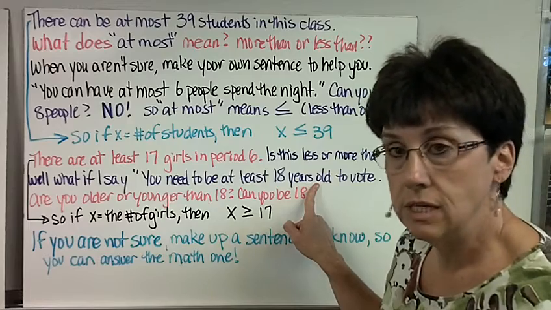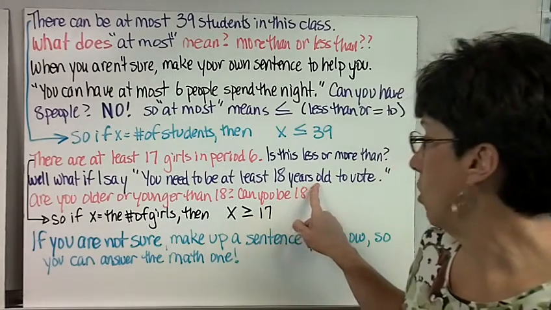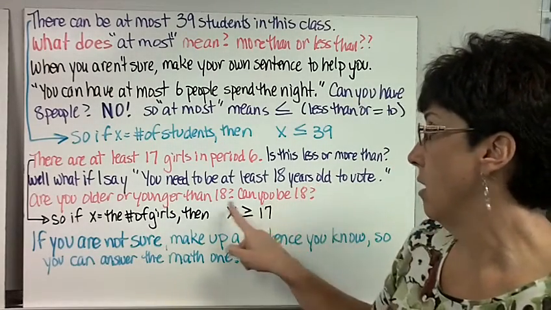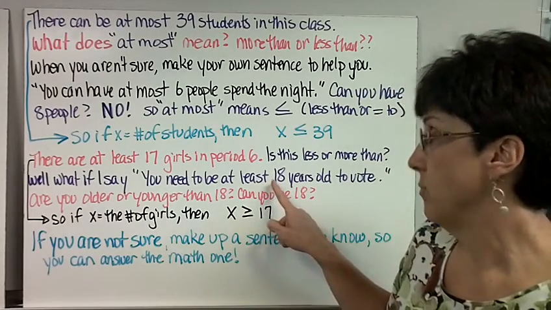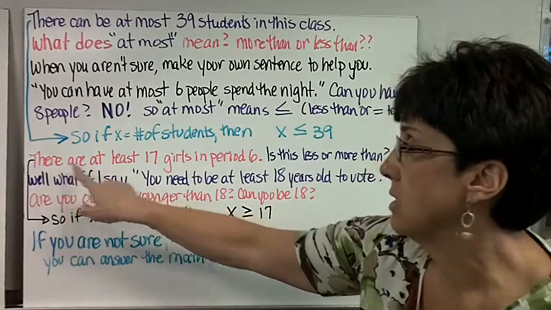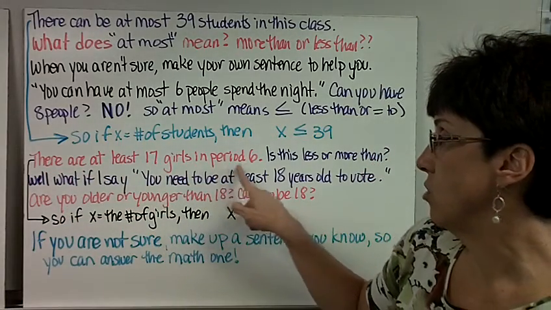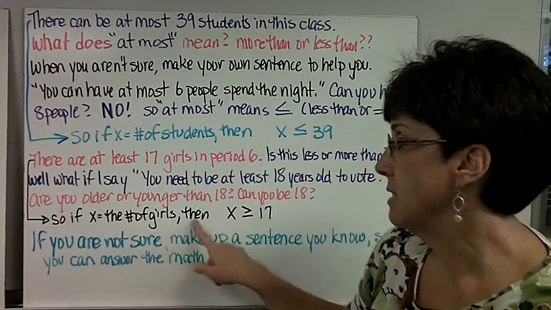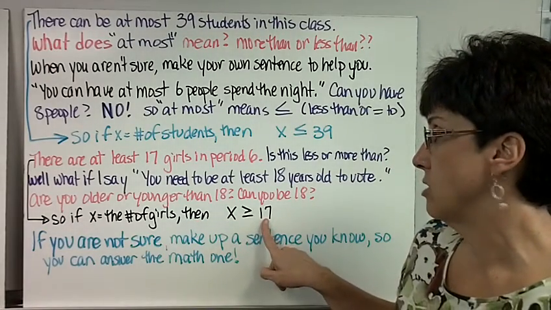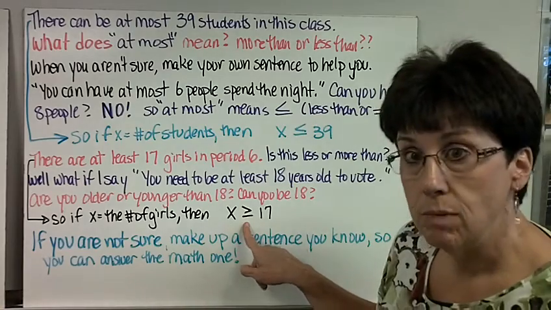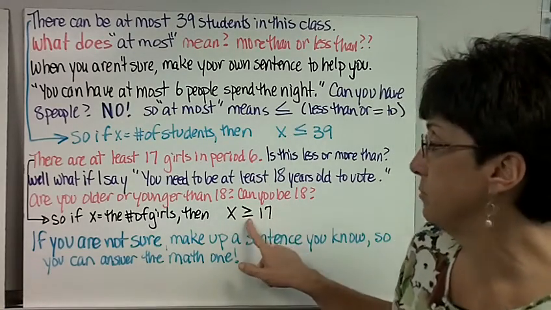Are you older than 18 if you're voting, or younger than 18? Most of you will know you are older, but could you be 18? Yes. So if we go back to our original sentence, there are at least 17 girls in period 6. If x is the number of girls, then x has to be greater than or equal to 17, because "at least" means greater than or equal to.